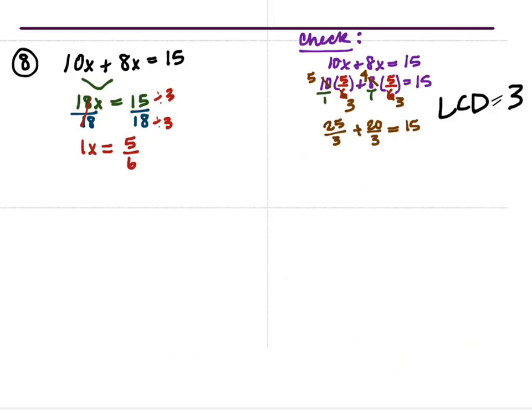And then we're going to add the numerators together. So 25 plus 20 is 45, and leave that denominator the same. So we'll have 45 over 3, and it will equal 15. 45 divided by 3 does in fact equal 15. Thankfully, our check does work out. So don't phone this in, guys. Make sure that you actually solve it.